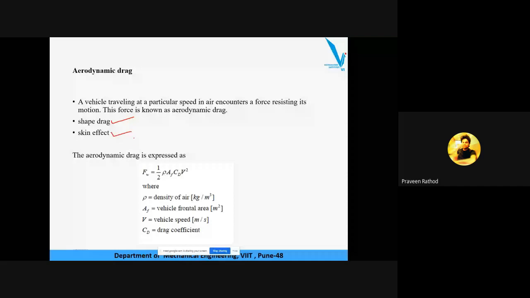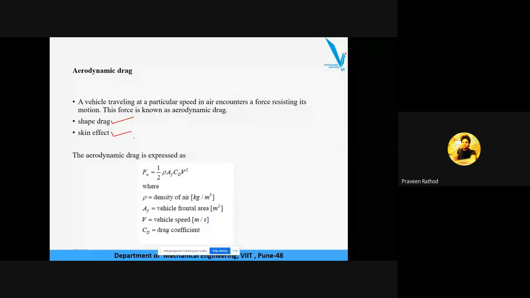Whatever the molecules move according to the different speed or variation in the speed of the vehicle. So whatever this different speed is there, that will be having air molecules. What will these air molecules result in?